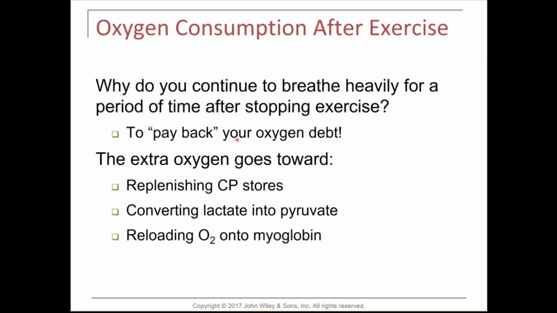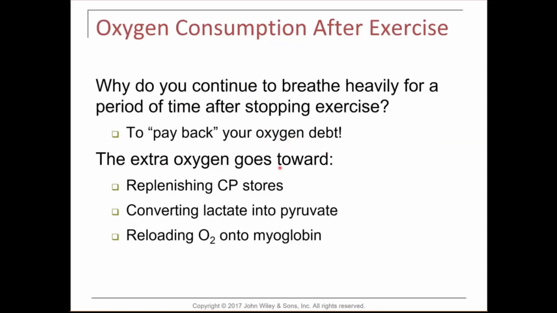So after running for that long, you're likely breathing pretty heavily. The reason you're breathing heavily is because you're trying to replenish your oxygen reserves. You're trying to get oxygen back into your muscles, into your myoglobin, so that they're nourished and able to repeat the process if necessary.